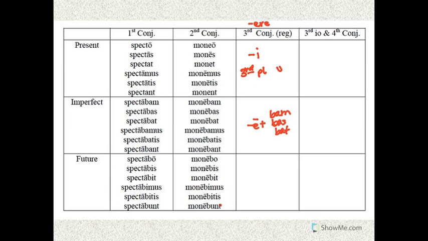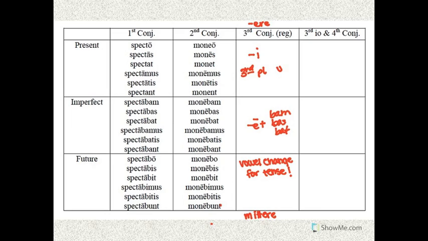And then keep in mind that for the future tense for third and fourth conjugations, a vowel change is used in order to indicate the tense change. So see if you can remember which vowels we're now using to indicate the future tense. Okay, for the third conjugation, I'm using the verb mitto, mittere as my sample verb.